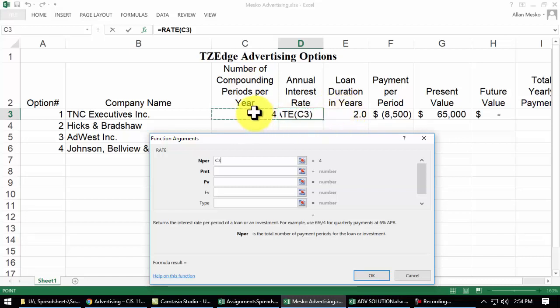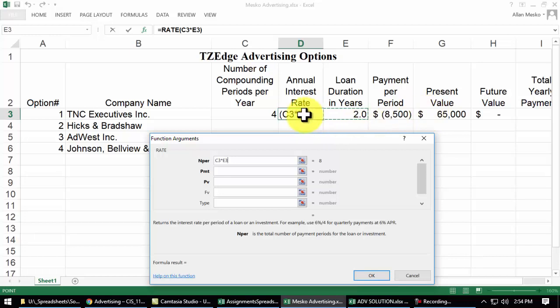So I'm going to click in C3 and multiply that by the number of years. So we're going to be making 8 of these payments. 8 of those payments would be 8 times 8,500, wouldn't it? So that would be, what, $68,000? So we want to see what interest rate we are paying, because we're paying it off pretty fast.